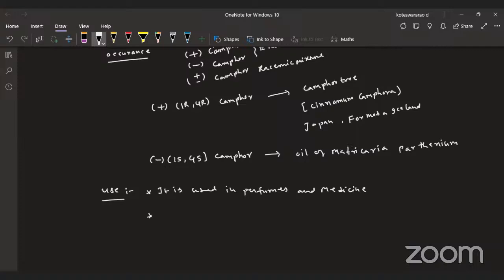Whenever we come to chemistry, it is used as a resolving agent and a chiral auxiliary in asymmetric synthesis.